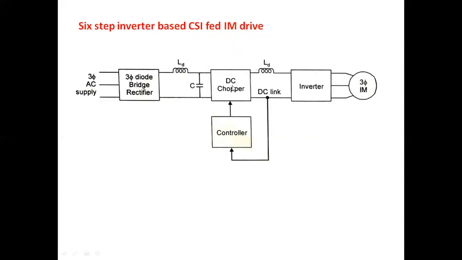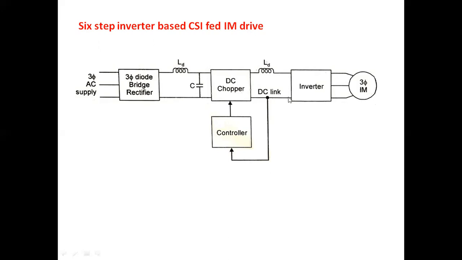If we adjust the firing angle here, that firing angle we term the duty cycle. For the chopper, the average output voltage is controlled. Once the average output voltage is controlled, it is passed to a bulky inductor. This bulky inductor converts the available voltage into a current source, and this current source is given as input to the inverter, and the output terminals also function like current sources.